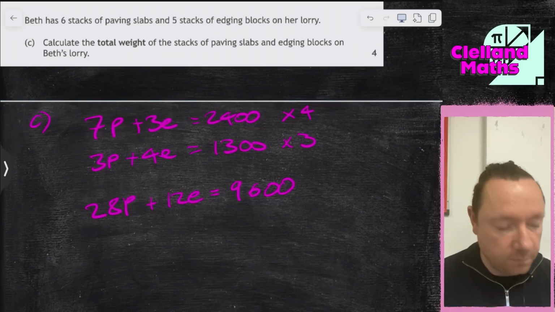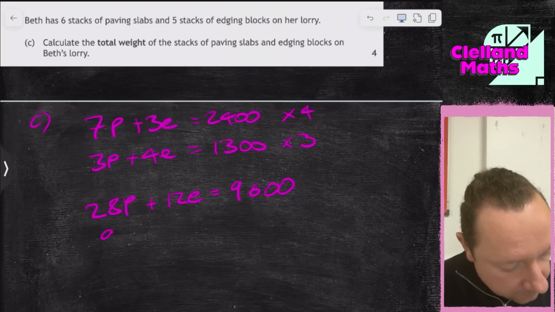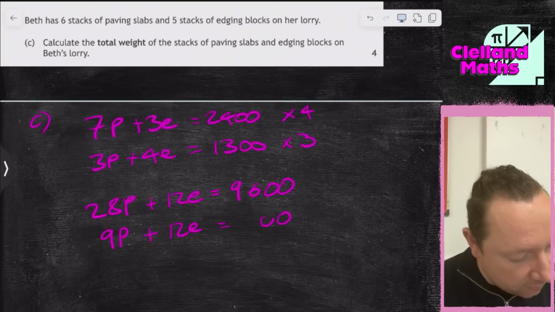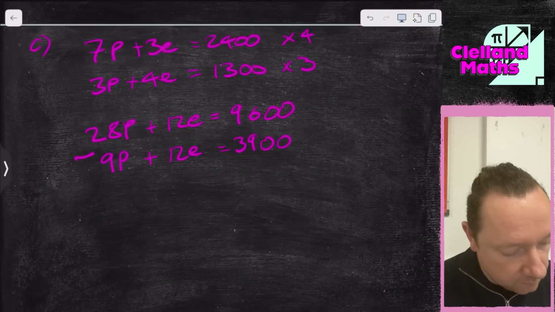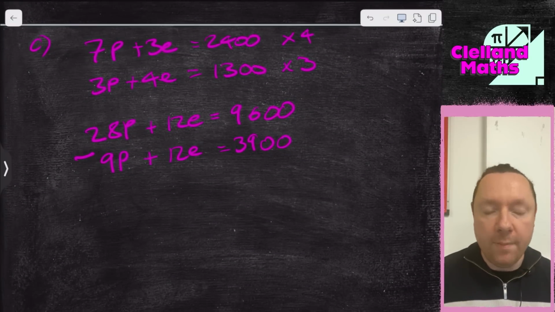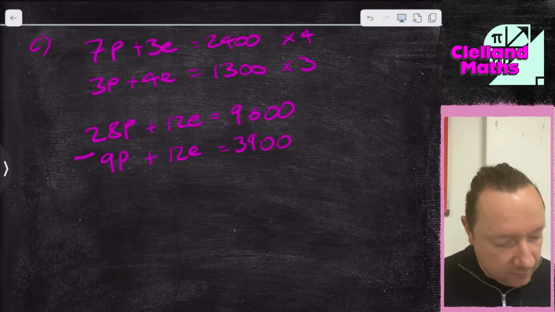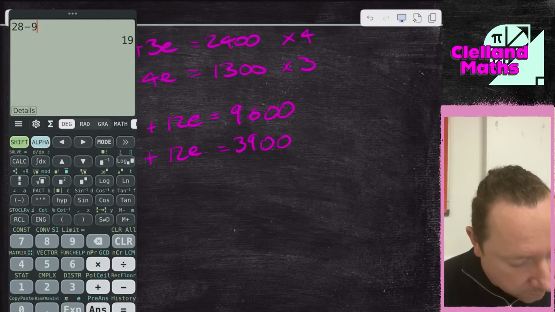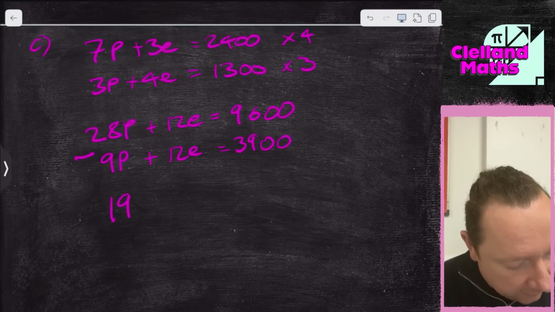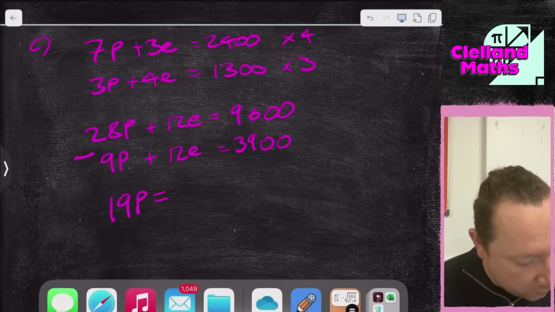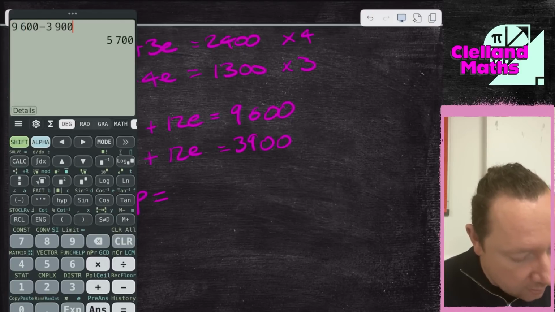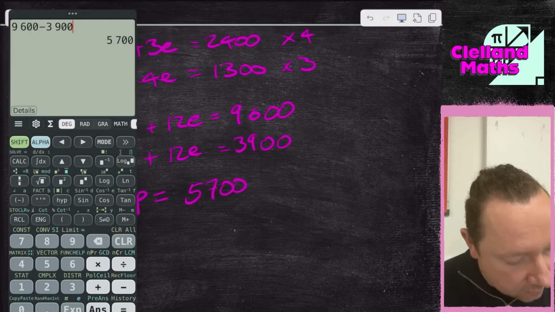But you can use a calculator if you want. 3 threes is 9P, 3 fours is 12E, 3 times 1300 is 3900. Take away. 28 minus 9, so that's 19, I think, but if you're never sure, a calculator is always worth it. Yep, 19P equals 9600 minus 3900, which is 5700.